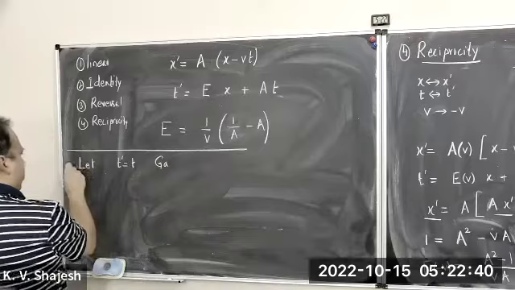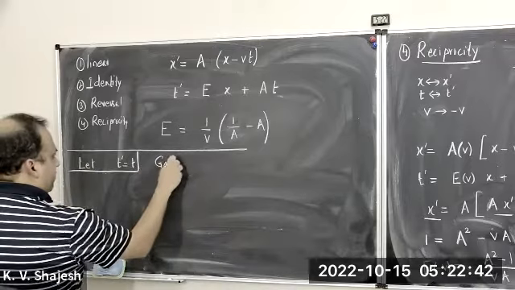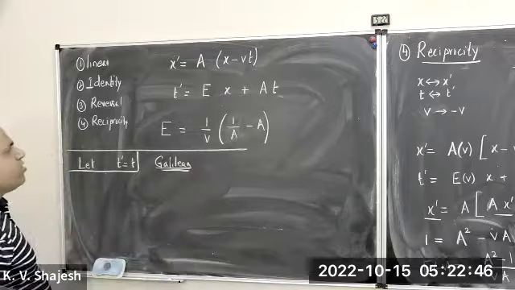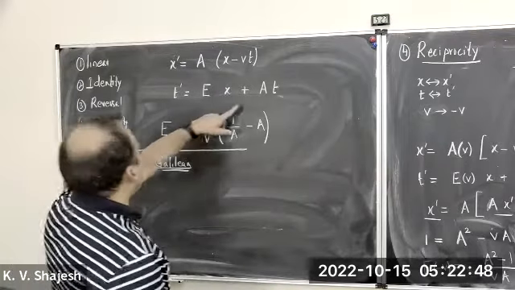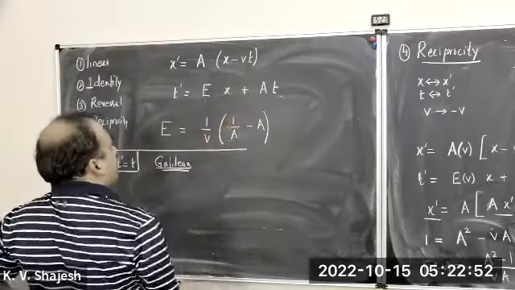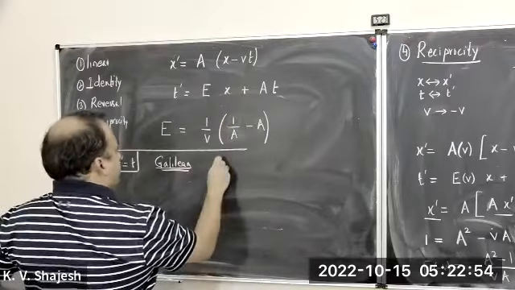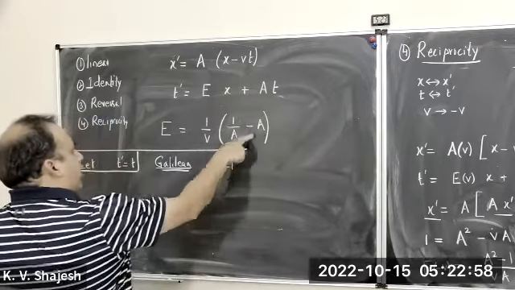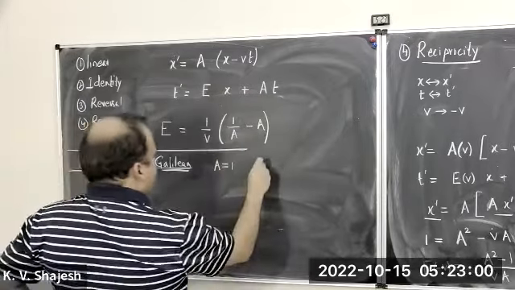So this is a requirement now. And then you immediately see that if that is the case, T prime is equal to T, you set A equal to 1. And if you set A equal to 1, this is consistent that E is equal to 0.